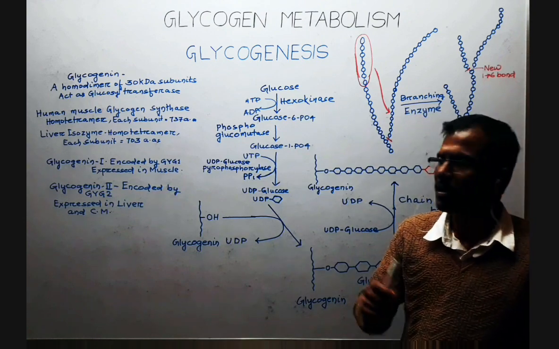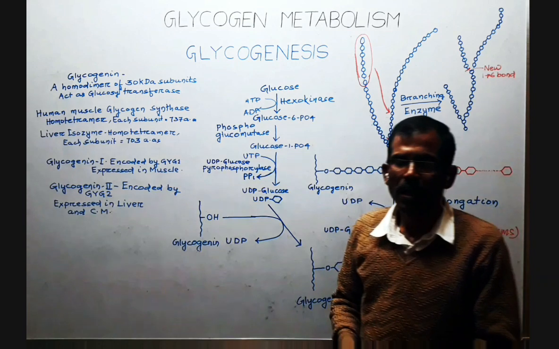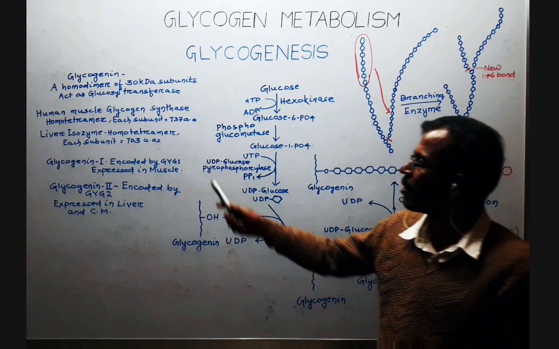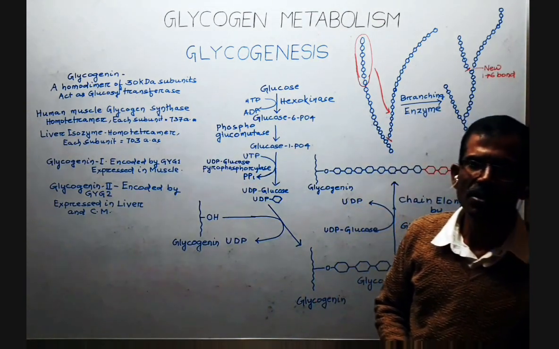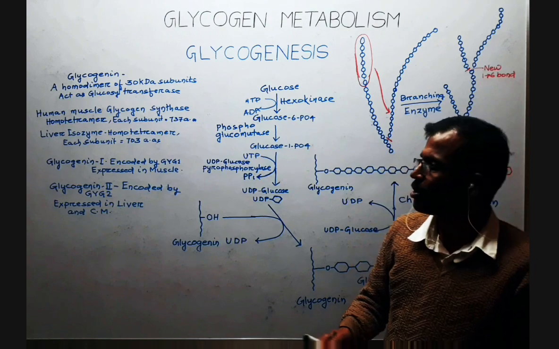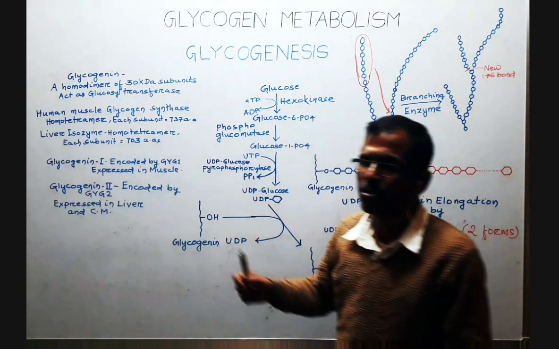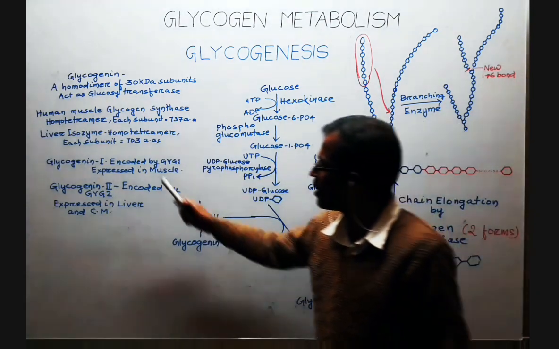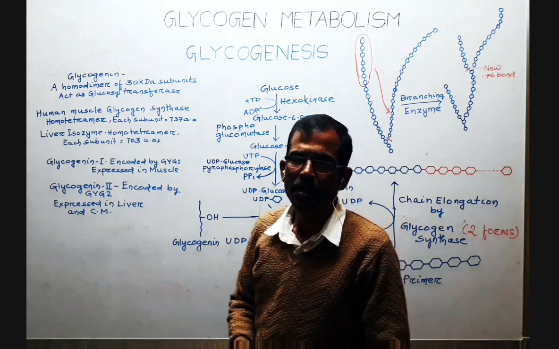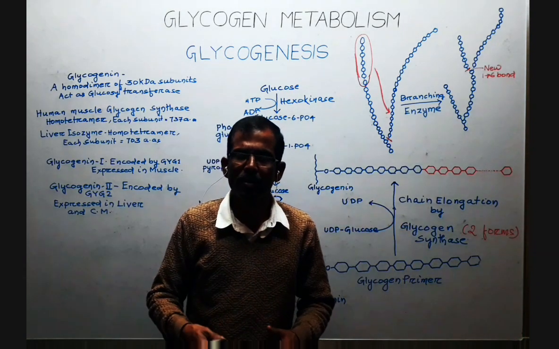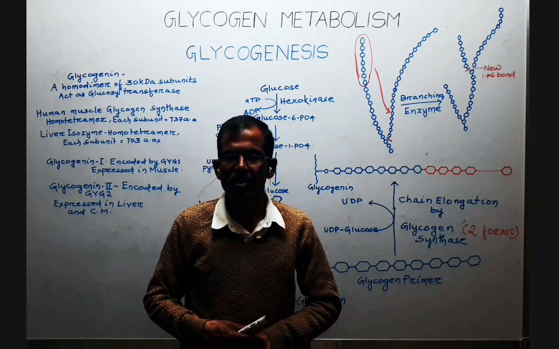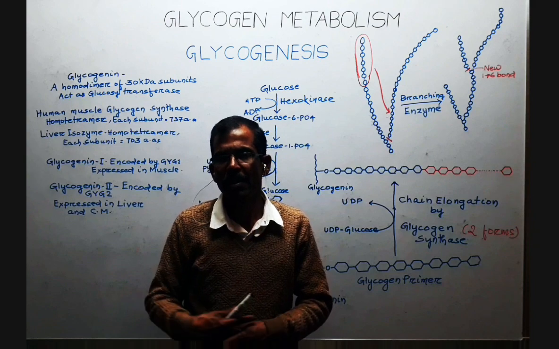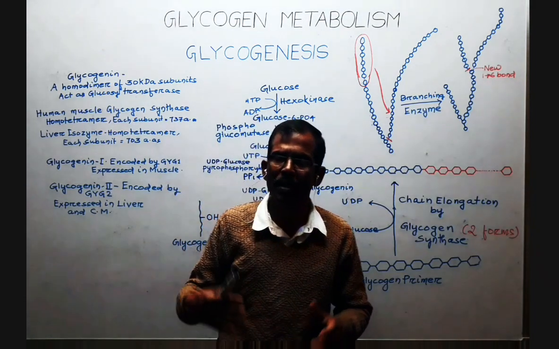The human muscle glycogen synthase is a homotetramer, and each subunit has 737 amino acid residues. And the other isoform, which is expressed in liver, is also a homotetramer in which each subunit has 700 amino acid residues. So glycogen synthase is responsible for extending the alpha-1,4 linked glucan chain by generating alpha-1,4 glycosidic linkages.